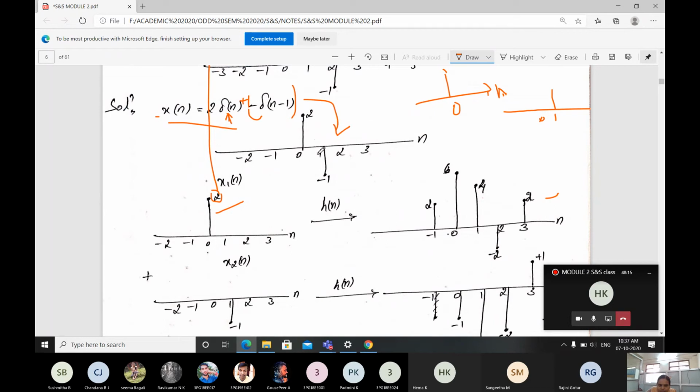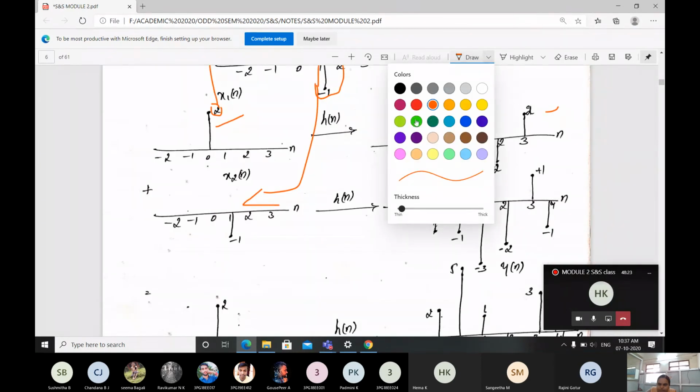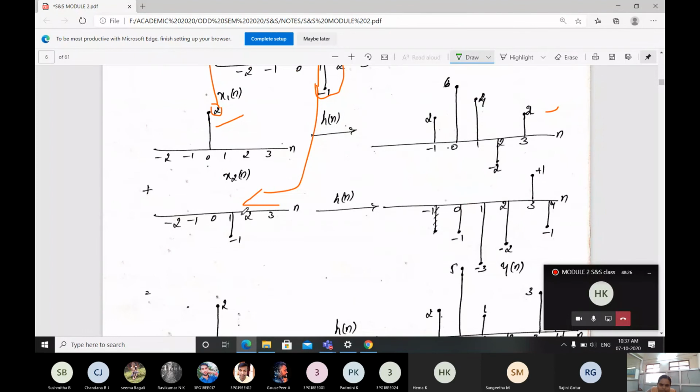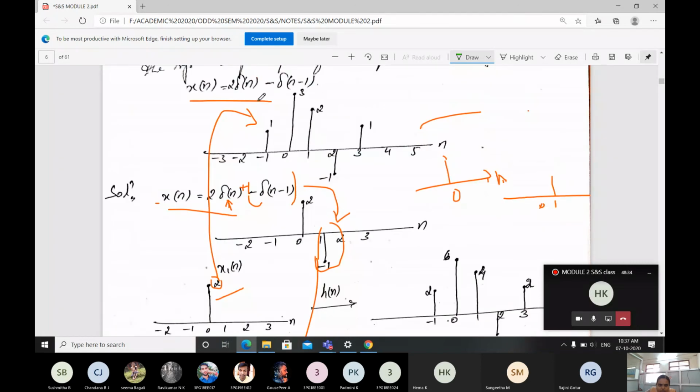I am writing the next part of the signal here. Here it is taken. Okay, then observe here, this minus 1 we have to multiply for the whole signal of here. I will erase this part so you should not get confused here.